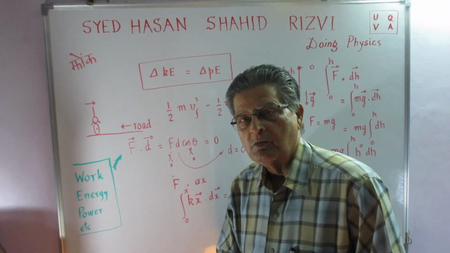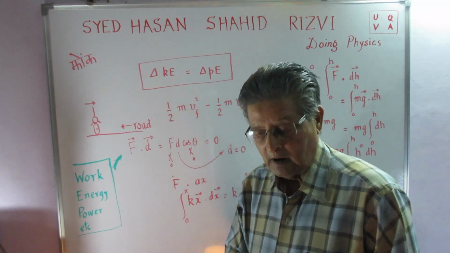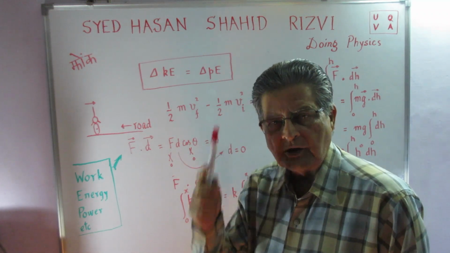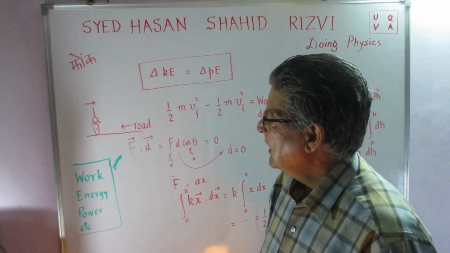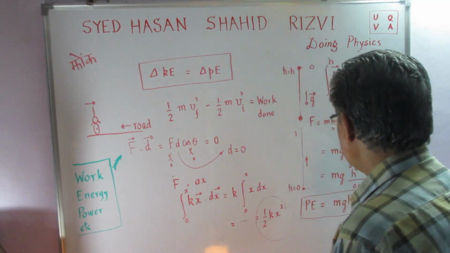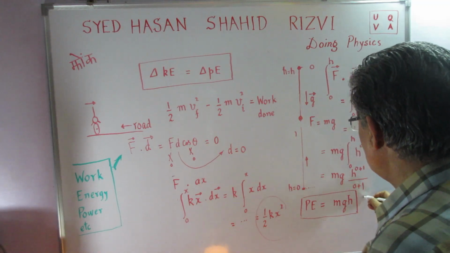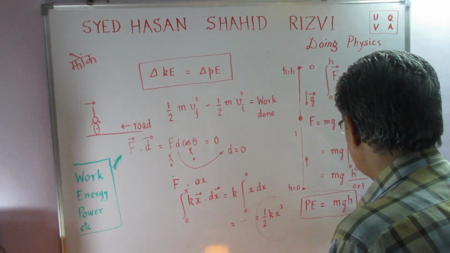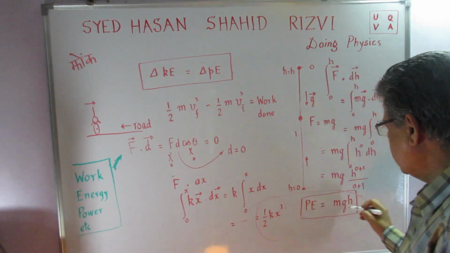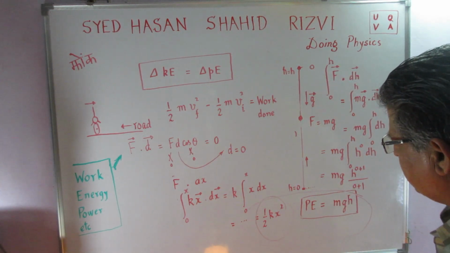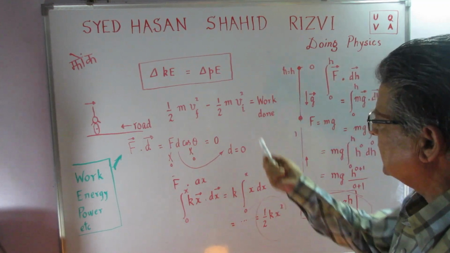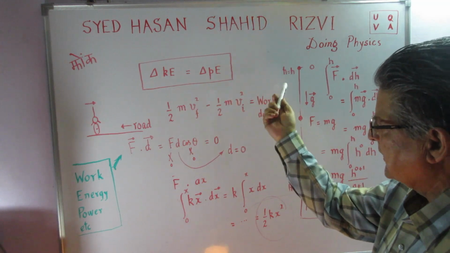I think you must put in labor. Mentally you have to be alert and apply these things. In today's work, the interesting thing is that I have defined the potential energy of two kinds: the potential energy by virtue of position, in the case of a freely falling body, and the potential energy associated with a spring under tension.